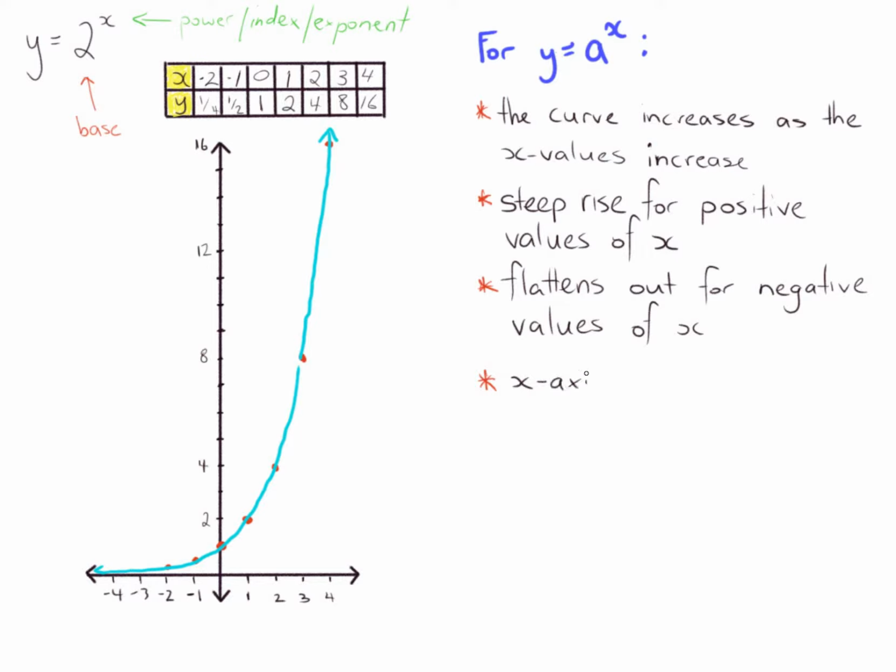This is a line which the graph gets closer and closer to, but never actually touches. So asymptote, this is how you spell it. And that's as x approaches negative infinity. So as we go off this way towards negative infinity.